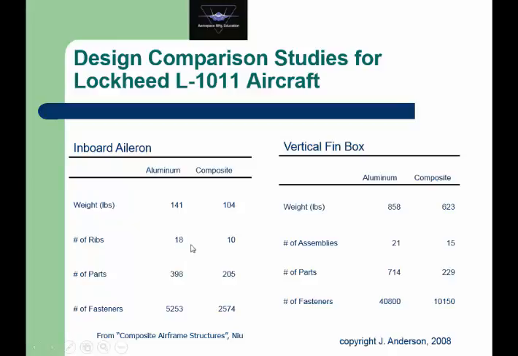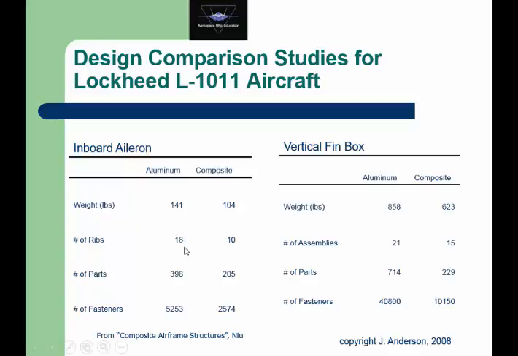The number of ribs inside, remember we talked about construction of aircraft, and we talked about the ribs supporting the skin of the aircraft. So the number of ribs necessary for an aluminum construction versus a composite construction was down for composites.